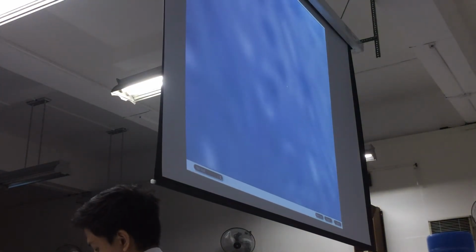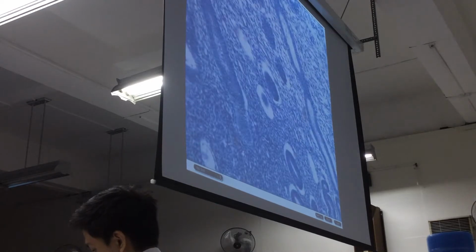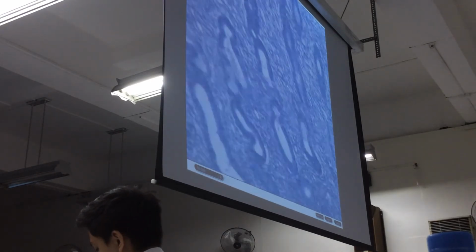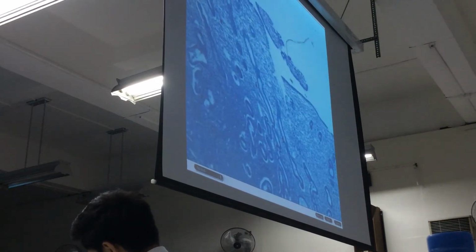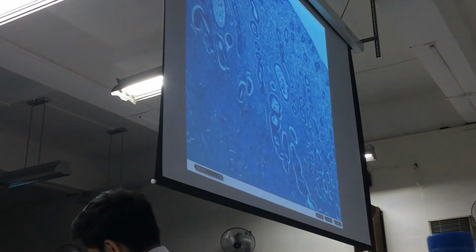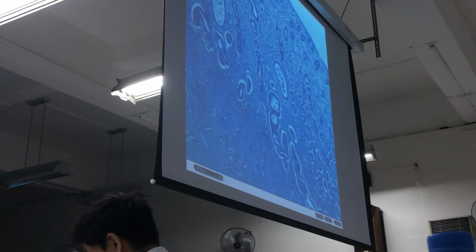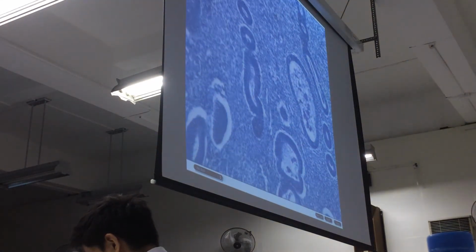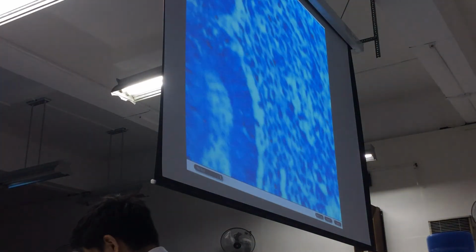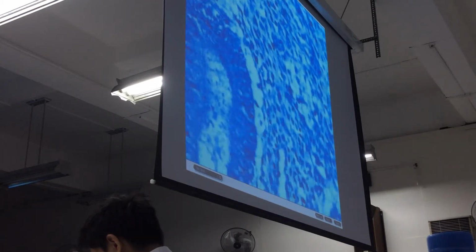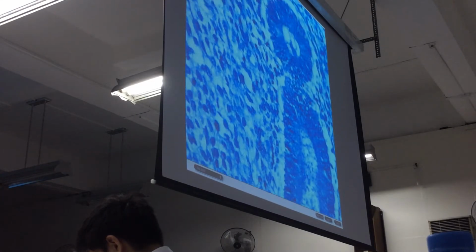Again here, the functional endometrium shows you tubular glands pointing right up in the superficial portion. Higher magnification will still show you that these glands are lined by pseudostratified columnar epithelium, some of them showing mitotic figures and apoptotic figures.